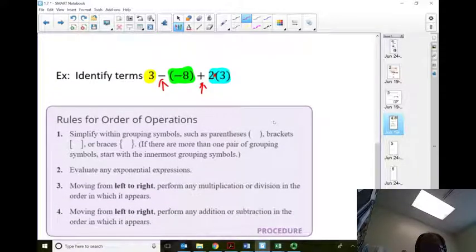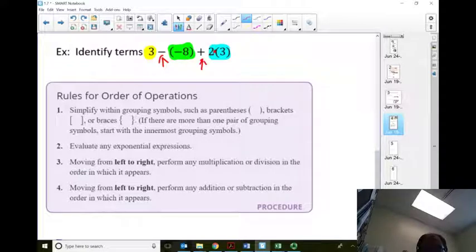All right, the rules for order of operations. I normally talk about the rules for order of operations in 4 levels. The highest level is parentheses. Okay, we can also have brackets and braces.